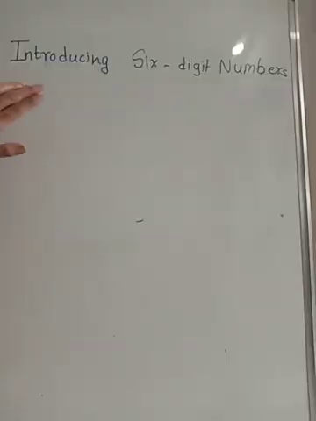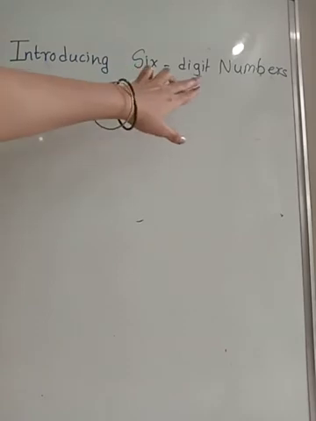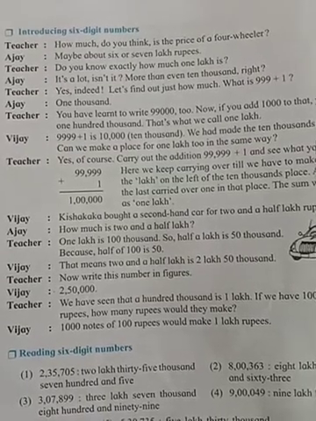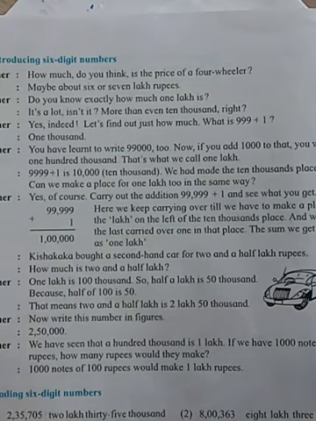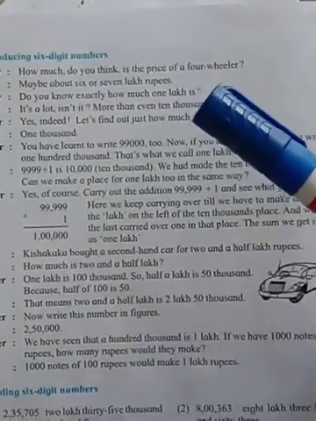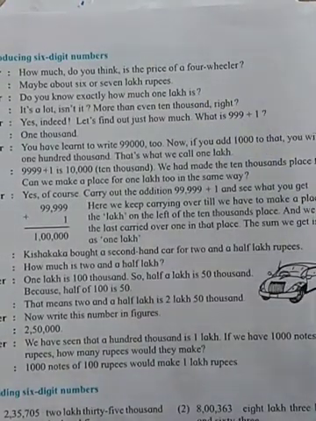Now we are starting to learn about introducing 6-digit numbers. We start by reading the conversation between the teacher and Ajay. The teacher asks, how much do you think is the price of a four-wheeler?